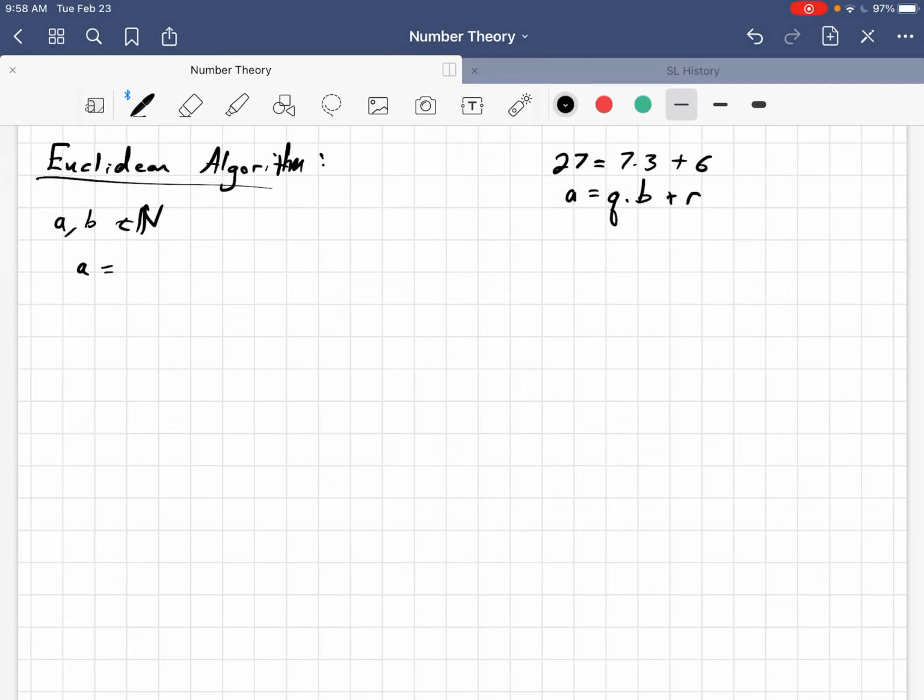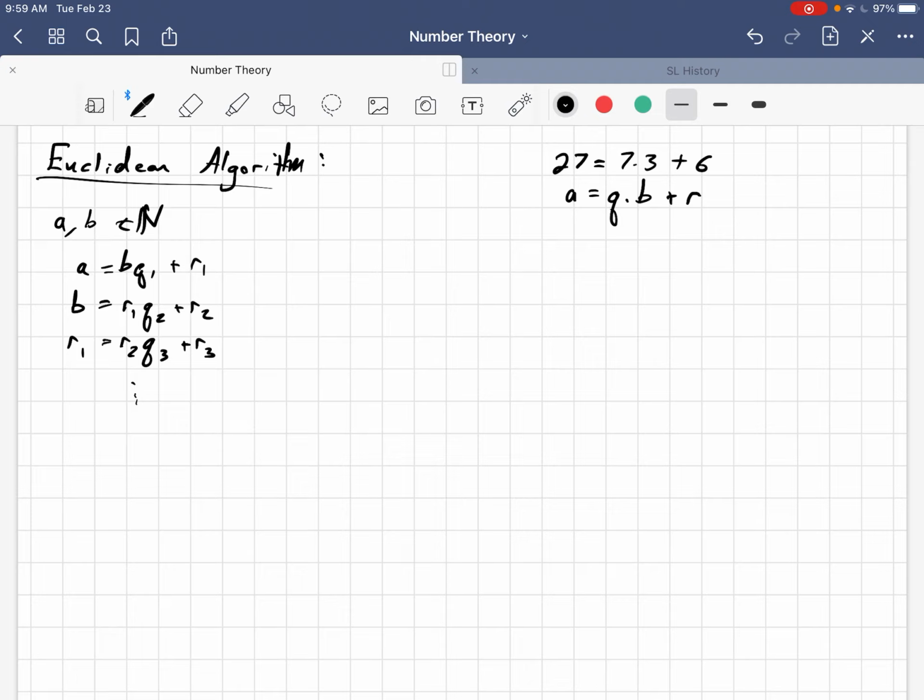So in other words, we say A is equal to B Q sub 1 plus R sub 1. And then we would set B equal to R sub 1 Q sub 2 plus R sub 2. And then we'd have R sub 1 equal to R sub 2 Q sub 3 plus R sub 3, dot dot dot.